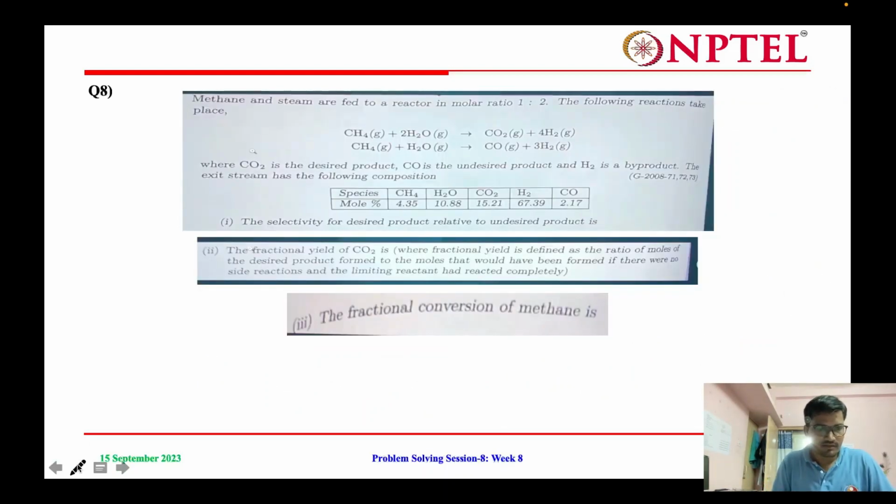Now third, the fractional conversion of methane. To calculate the fractional conversion of methane, the formula is moles of CH4 consumed divided by moles of CH4 initially present.